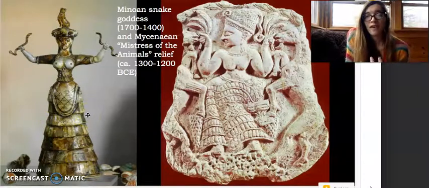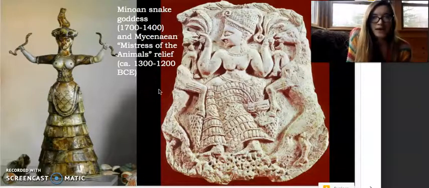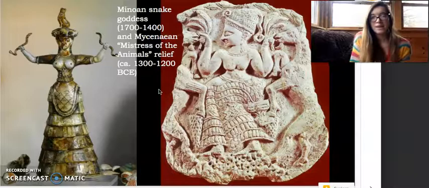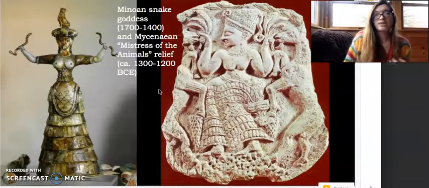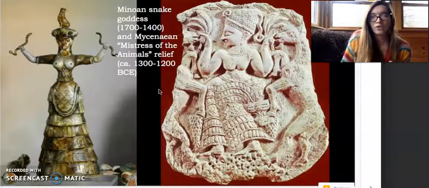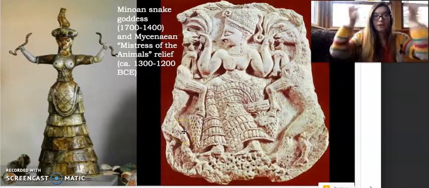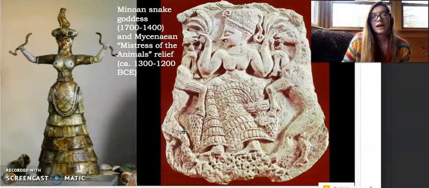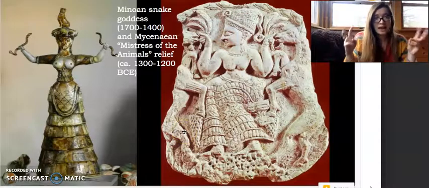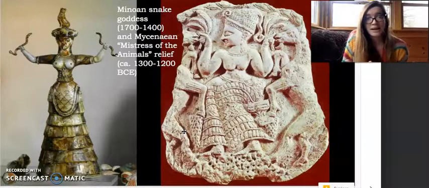And then we have a Phoenician, Mycenaean relief called the Mistress of the Animals, where we have, in both cases, women in tiered skirts, so Eastern-style skirts, but bare-breasted and involved in interactions with the natural world. Here we have her holding sheafs of vegetation with these goats that are coming up in a heraldic position to either side of her. And she's often known as the Mistress of the Animals, controlling these fertility symbols and symbols of abundance.